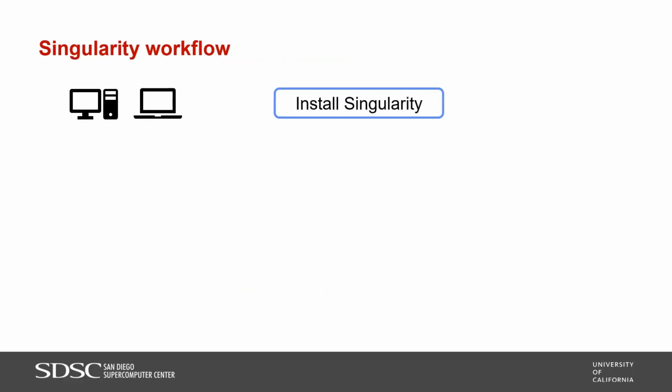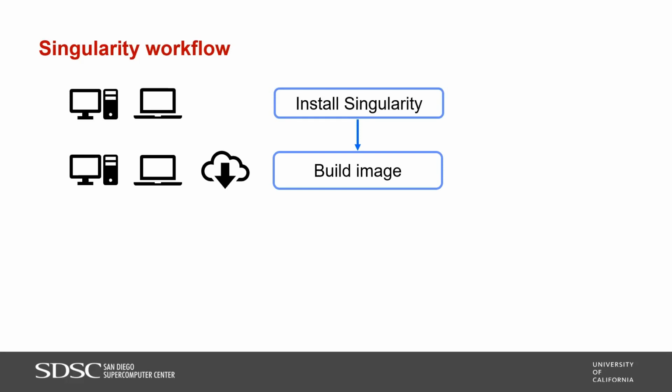Okay, so if we want to build images on the PC, the first thing is we have to install Singularity on our PC, and the good news is it is easy to install. Once we install it, we can begin to build images on our PC, or of course on the cloud, where we don't need to install Singularity.